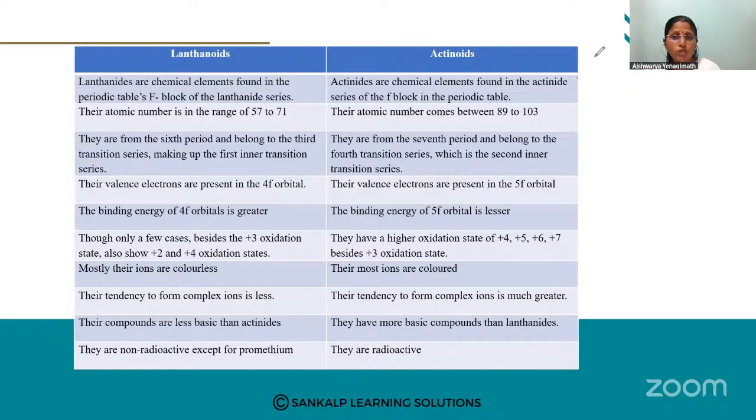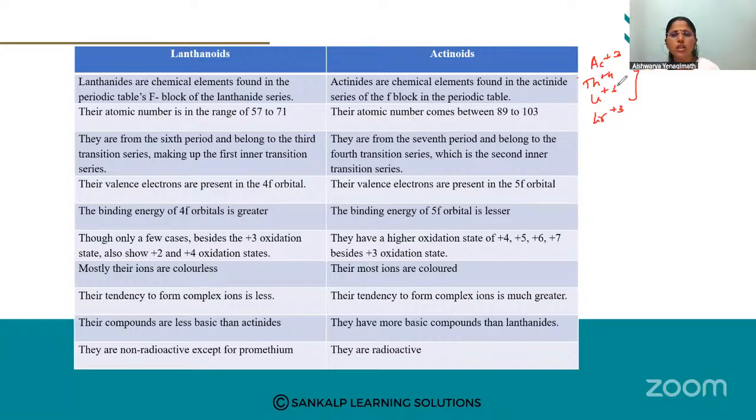But if you see Ac+3 actinium, thorium +4, uranium +6, these are diamagnetic, and even lawrencium +3 is also diamagnetic. Why are these diamagnetic? Because of the absence of unpaired electrons.